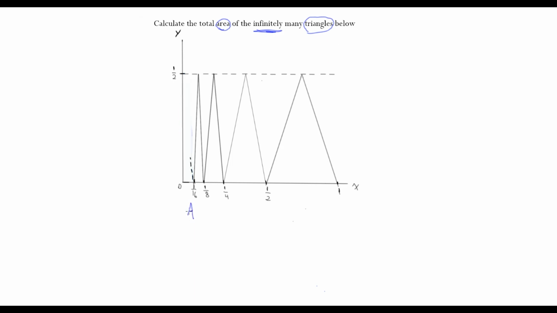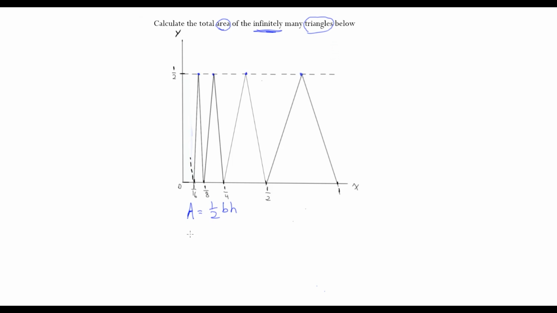Let's start with that. The area of a regular triangle is half base times height. But as we can see from this graph, it appears that all the triangles have the exact same height. That makes it a lot easier for us because now we don't have two variables but only one.